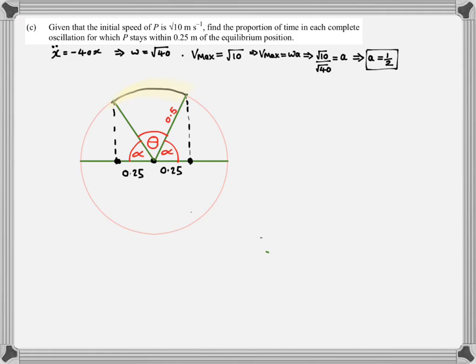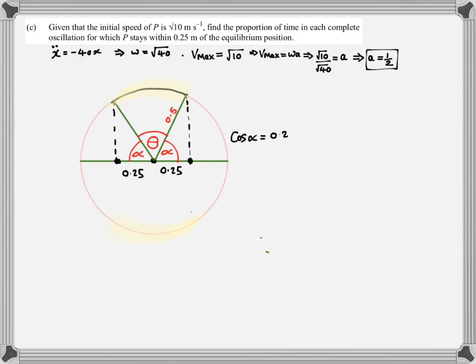So that's how long it will be when it's moving from right to left within 0.25, however long it takes for that shaded part. Of course, a little bit of thought will tell you that's not the only time, and a bit later on I'm going to have to consider what happens when it moves from left to right, which on my diagram is actually going to be somewhere down here. But we'll cross that bridge when we get to it.